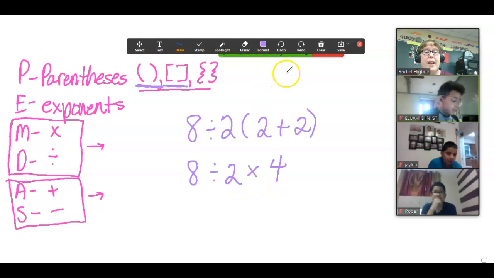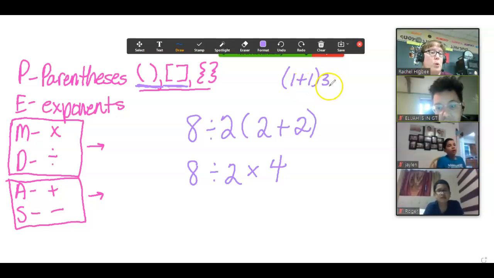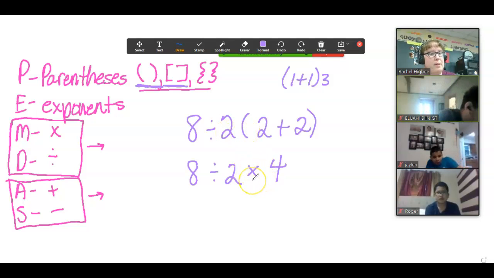Okay? So if I have something like, let's say I have this 1 plus 1 in parentheses, and then there's like a 3 right here. That means that after I do the 1 plus 1, then I multiply. Okay? You're going to see why later on this week. Okay? So that right next to the parentheses means to multiply. Now, think about that. Now I do have multiplication and division.